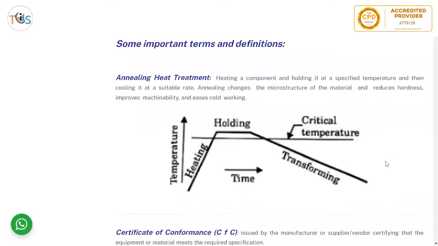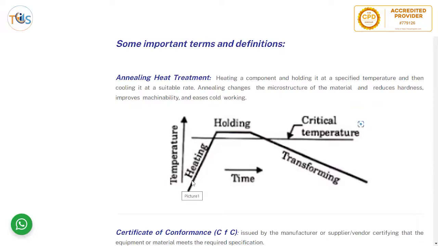Annealing heat treatment: heating a component and holding it at a specified temperature for some time and then cooling it at a suitable rate. Annealing changes the microstructure of the material and reduces hardness, improves machinability, and eases cold working.